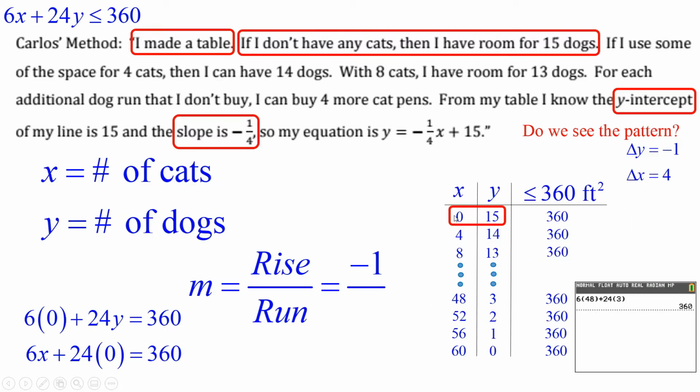I'm increasing by 4 every time for my run. So the slope is -1/4. We agree with that. So Carlos gets y equals -1/4 x plus 15. He's using slope-intercept form, y equals mx plus b. So Carlos did everything perfect there.